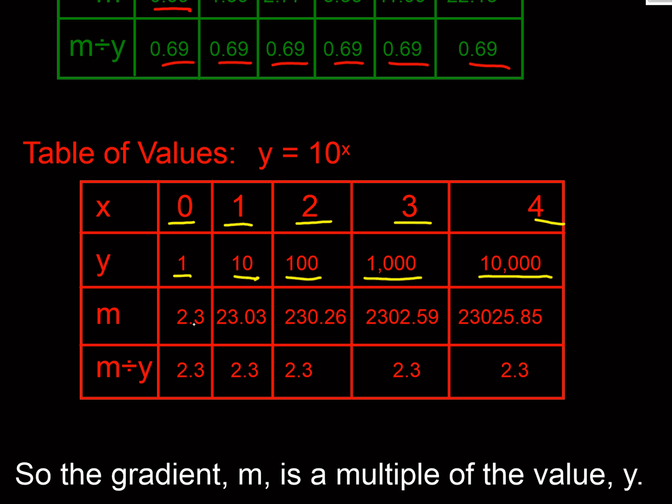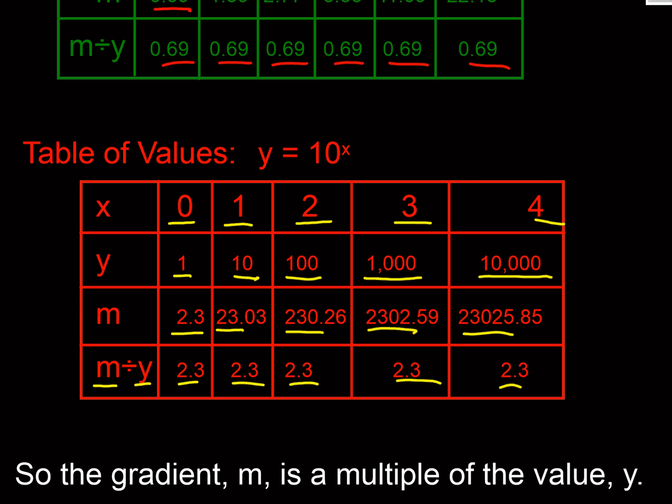And our gradient, the first one is 2.3. For x equals 1, the gradient's 23. And for x equals 2, it's 230. And for x equals 3, it's 2,302, all the way up to 23,025. And if we divide the gradient by the y value, we get a constant 2.3.